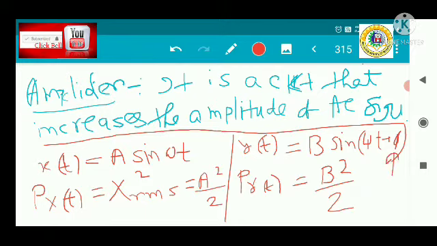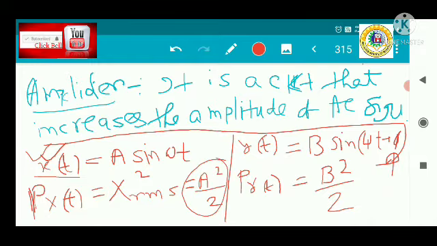So the phase has nothing to do with the power. You can verify the result with the help of signals and systems concepts. The power of any sinusoidal signal is amplitude square divided by 2.